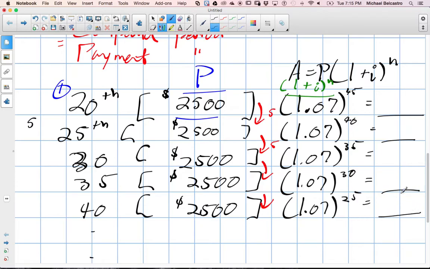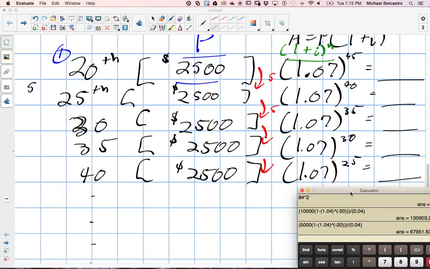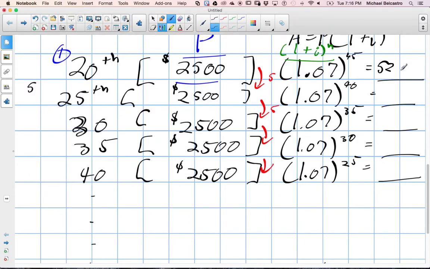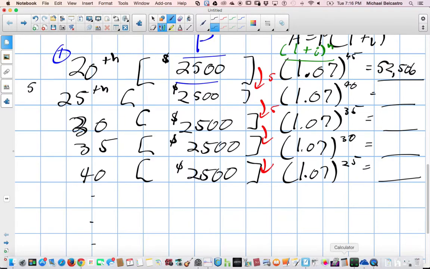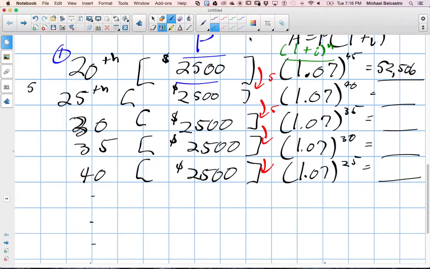Now we've got to go about calculating each of these events, and altogether that will tell us what we would earn at the very end. Luckily, in this little calculator I can keep my old values. So I'm going to type in 2,500 times bracket 1.07 to the power of 45. That's 52,506. I'm going to leave the cents out of this. Now I get to keep that same formula and manipulate it. At 40, you get 37,436.